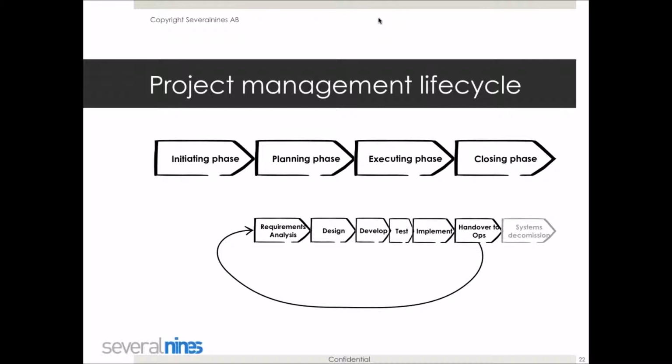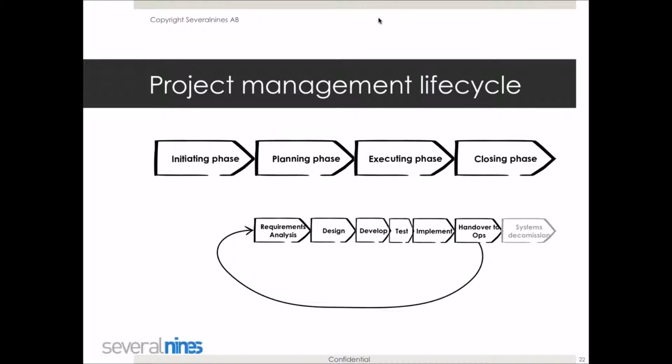So if you look at the project management lifecycle, we have an initiating phase where someone has a brilliant idea and wants to implement that. And then we get to the planning phase where we plan our new product. We get to the execution phase. A lot of people start working, start typing code, testing that, and then in the closing phase, everything gets closed.